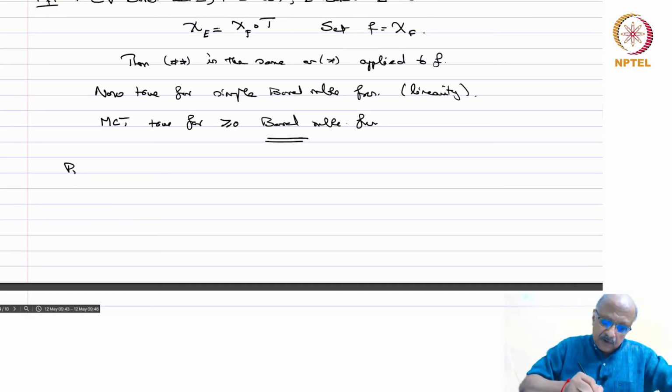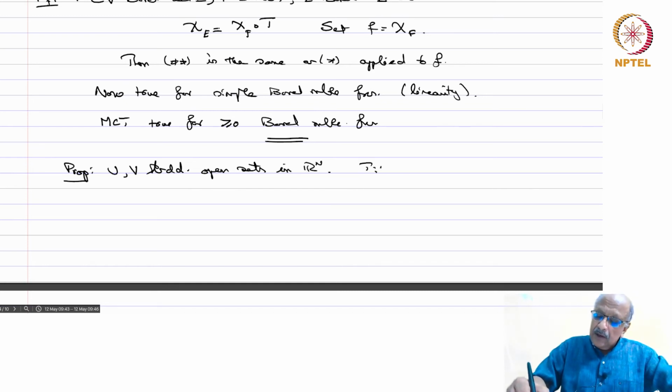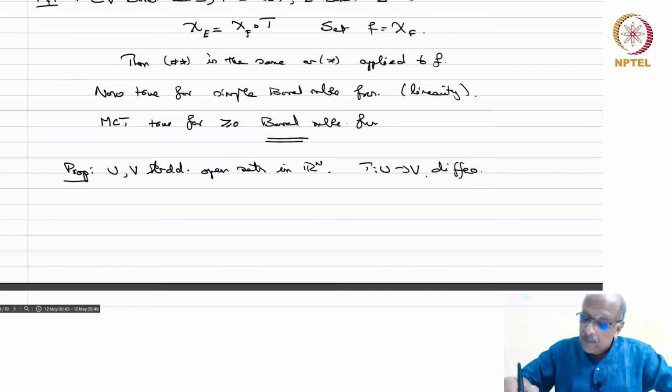Next proposition: U, V bounded open sets in Rn, T from U to V a diffeomorphism. That means T is a homeomorphism, and T and T inverse are both C1 maps. So this is a diffeomorphism.